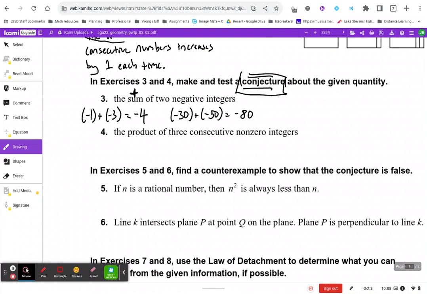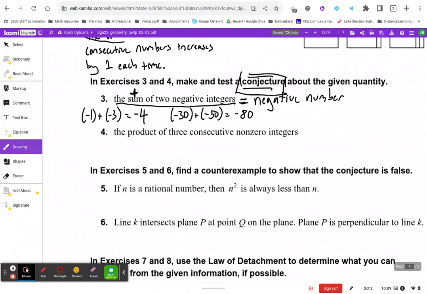We get -4, -30, and -50. We get -80. So a conjecture that I would make is the sum of two negative numbers equals another negative number. And that would be a good conjecture for number three.